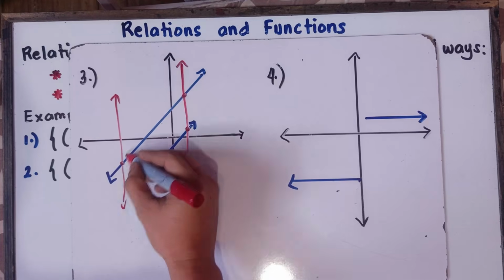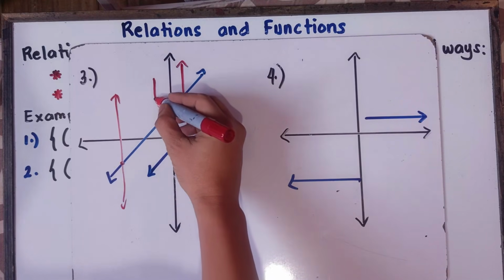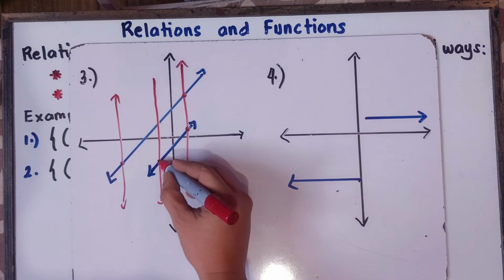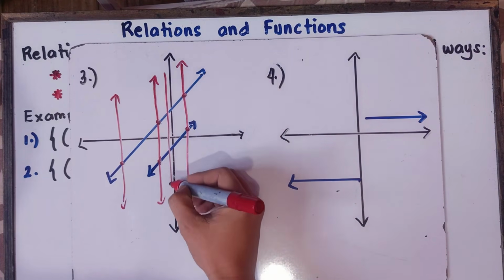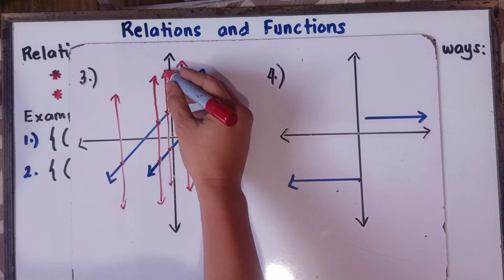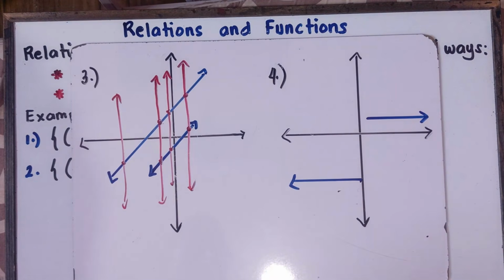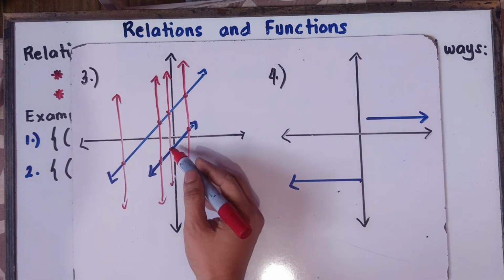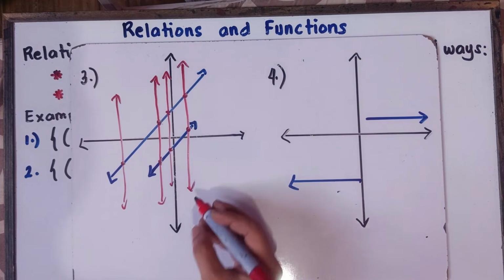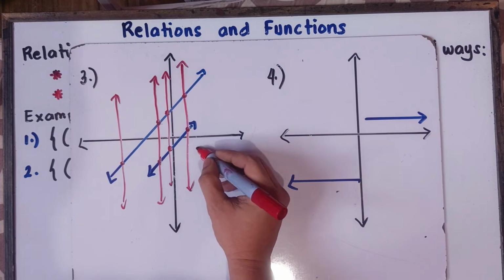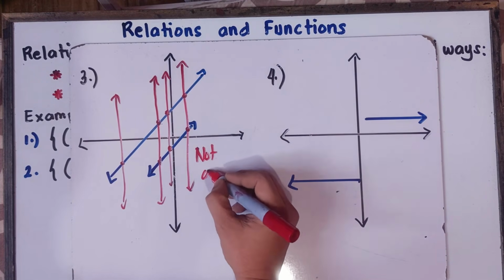Only 1 point, but in this one right here, in the middle part, you have 2 points, 1 and then 2. Therefore this will not be a function, because you have 2 points lying on the same vertical line. So therefore, this will not be a function.